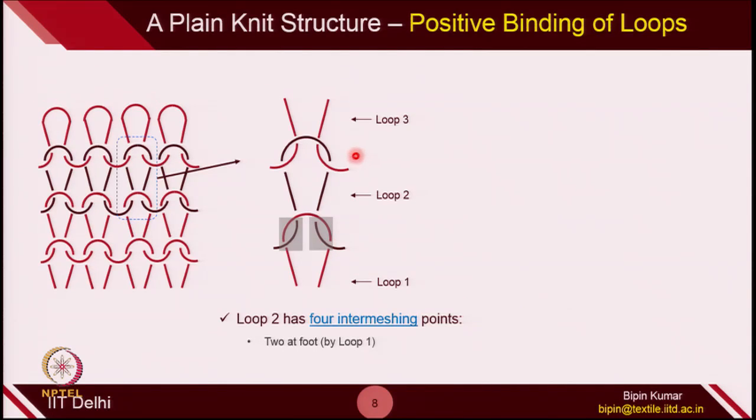Okay. Now, look at the top side, where you have the head part interacting with the 2 feet of loop 3. Okay. So, loop 2 in total has 4 interactions, 2 with top loops and 2 with bottom loops.